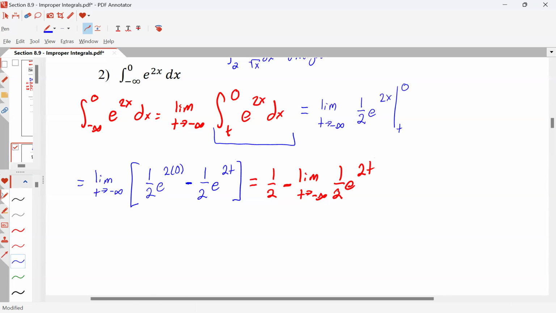So the limit as t goes to negative infinity of e to the 2t is 0. 1/2 minus 0 is 1/2, meaning our integral from negative infinity to 0 of e to the 2x dx converges to 1/2.